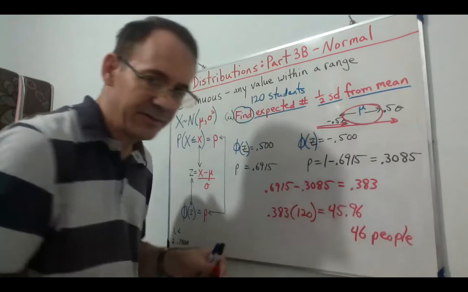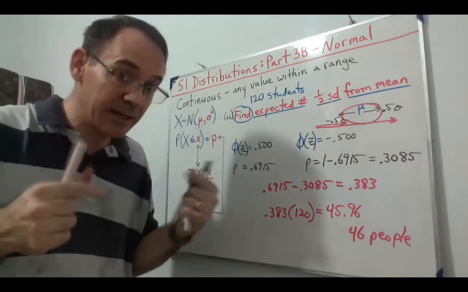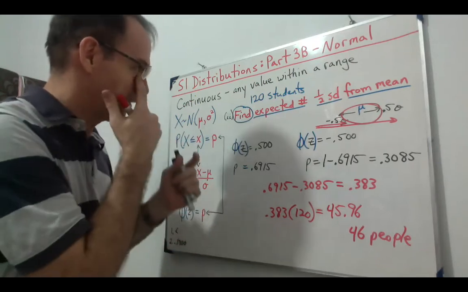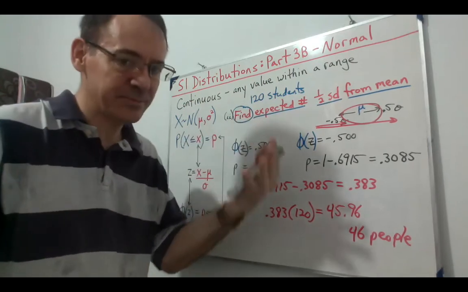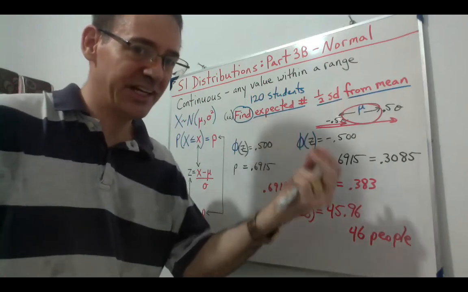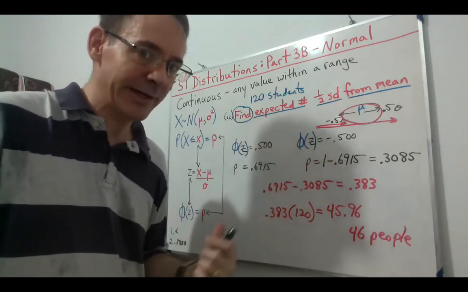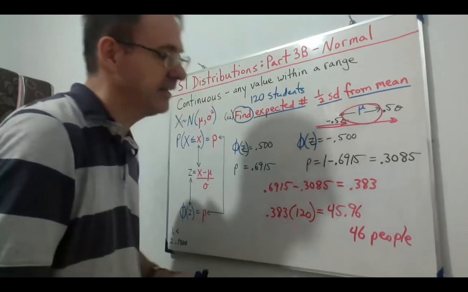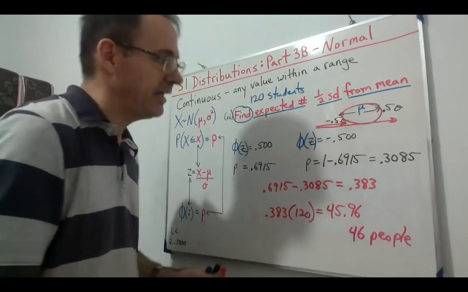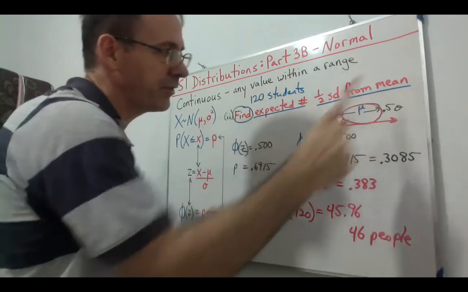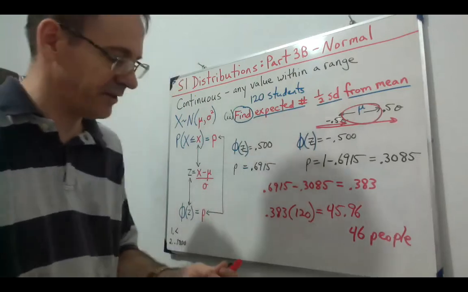Now, since we're dealing with people, you can say 46 people. They'll allow you to give the decimal, but if you're thinking about practical situation here, this is an expectation. Remember, probability is kind of like a prediction. It doesn't have to be exact. So 45.96 is roughly, we can expect 46 of those people to be within a half standard deviation of the mean.